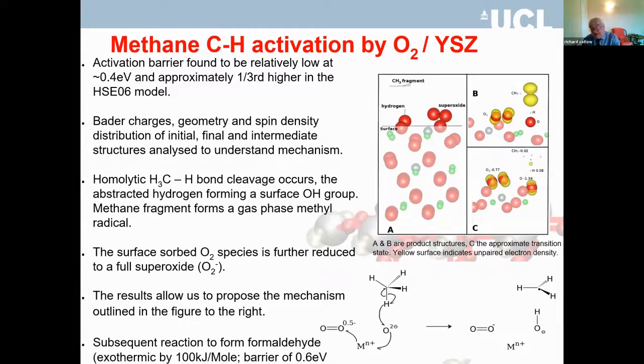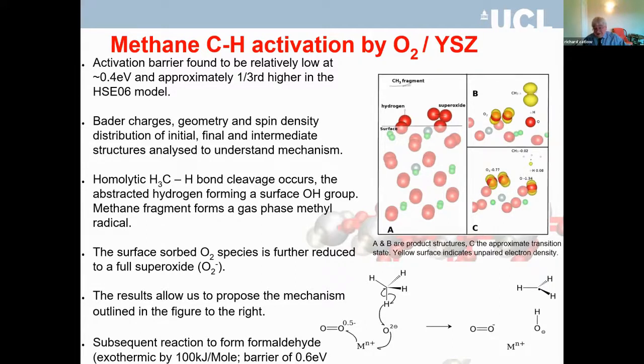And the mechanism, you can see, it's probably best to focus on the bottom right-hand side. And what we do is really quite interesting. You transfer the hydrogen not to the oxygen molecule, you transfer the hydrogen from the methane to a surface oxygen, but then the electron from the hydrogen goes into the anti-bonding orbitals of the oxygen to make a superoxide ion.